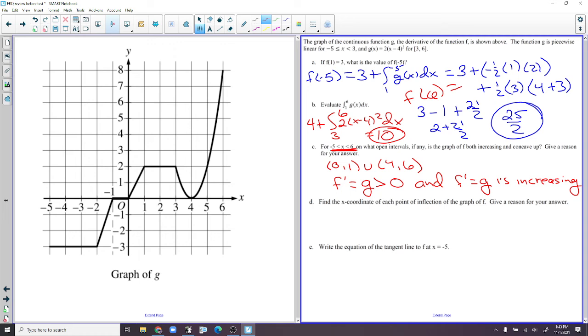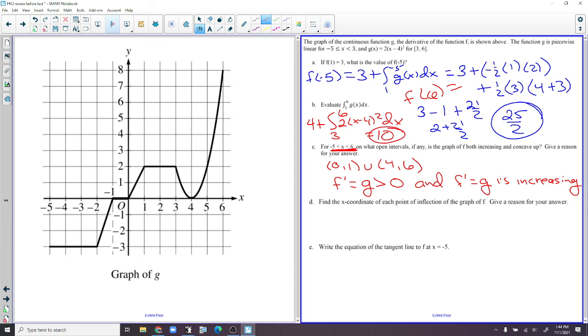Is there anywhere else? There's other places that have possibilities, but I've got to let you know if they're actually changing, right? Is 0 to a positive 1 changing signs? And it is not.